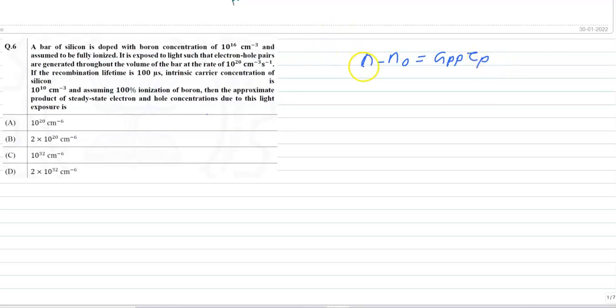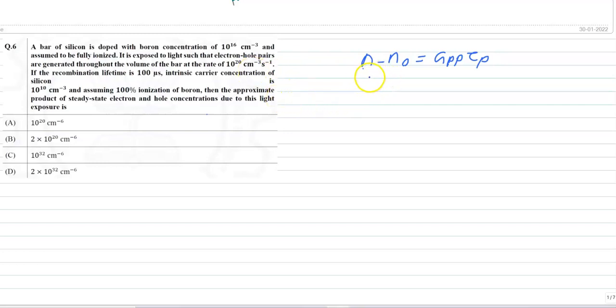And this n is the carrier concentration at steady state, and n naught is the carrier concentration when there is no light, so n minus n naught is equal to G_P tau_p. Tau_p is the recombination lifetime and G_P is the photogeneration rate. Here we have applied external energy in the form of light. Another form of external energy that can be applied is the electric field.